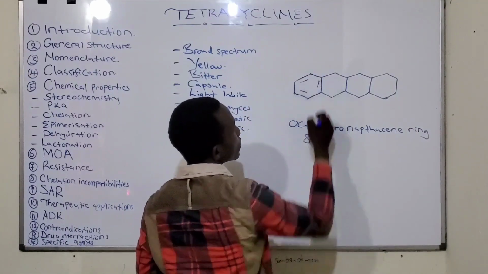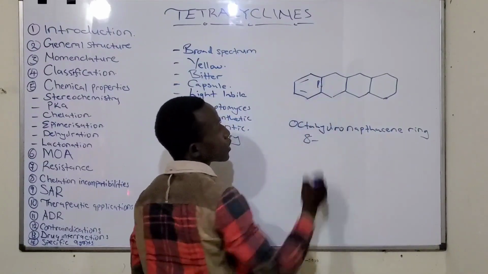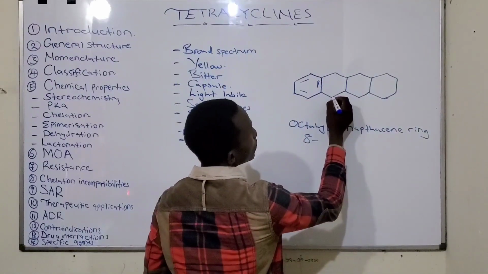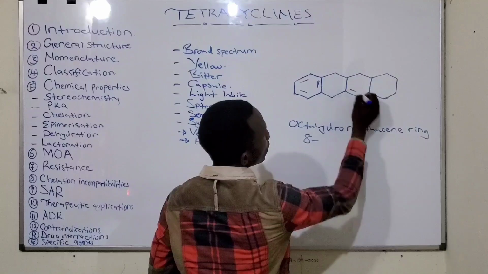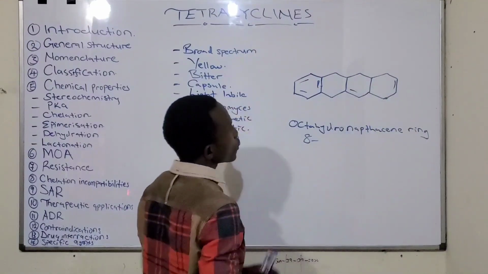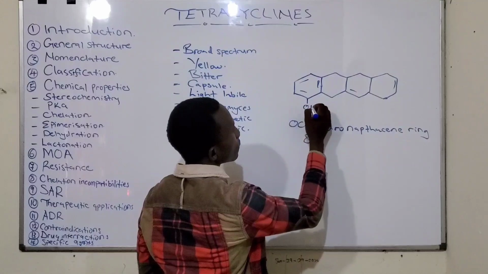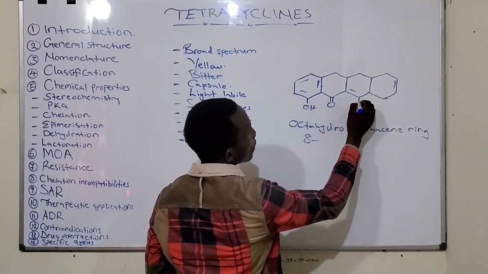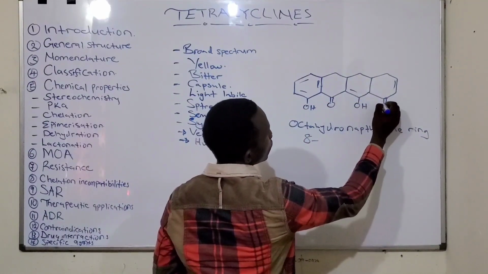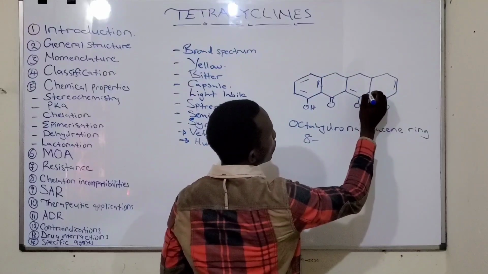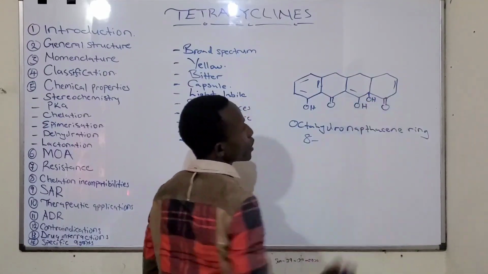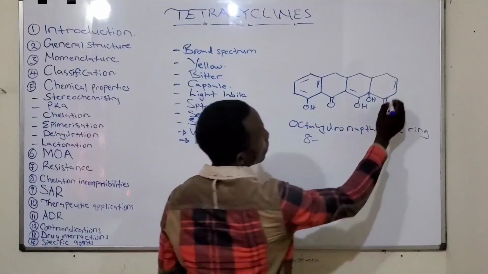So the first ring is fully unsaturated. The second ring has a double bond here and here. When you count, here we have OH, here we have O, here there is OH, here there is O, and here we have also an OH group.